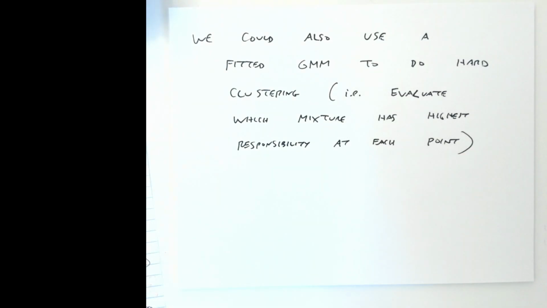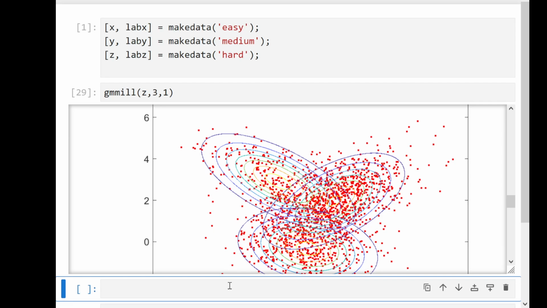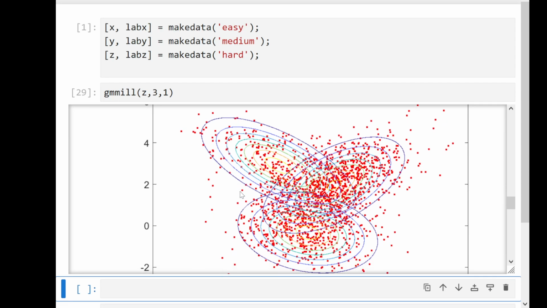That's like saying I could take not just the points that I clustered, but any point in the world and ask which of these Gaussians is most responsible for a point in this location, right? If I did that, I could take this picture and color it in by that region. And in fact, I did that.